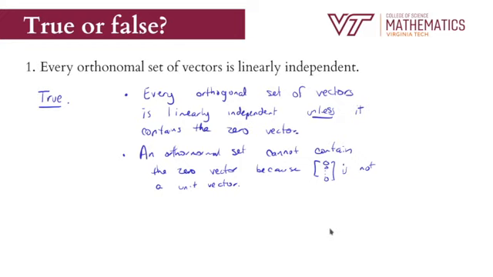Orthonormal sets only contain unit vectors. And therefore, an orthonormal set doesn't contain the 0 vector, and therefore it is linearly independent. This is always true.